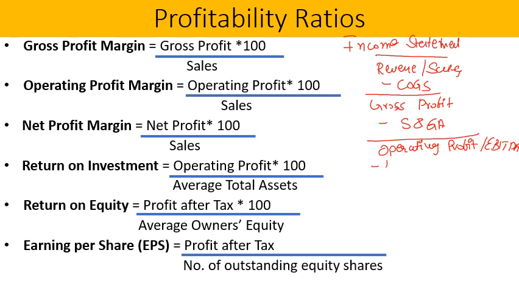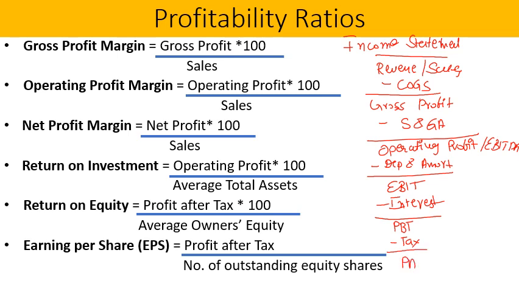If we deduct depreciation and amortization, we will get EBIT, earnings before interest and tax. If we deduct interest charges, we will get profit before tax, PBT. If we deduct tax charges, we will get profit after tax, which is also known as net profit.